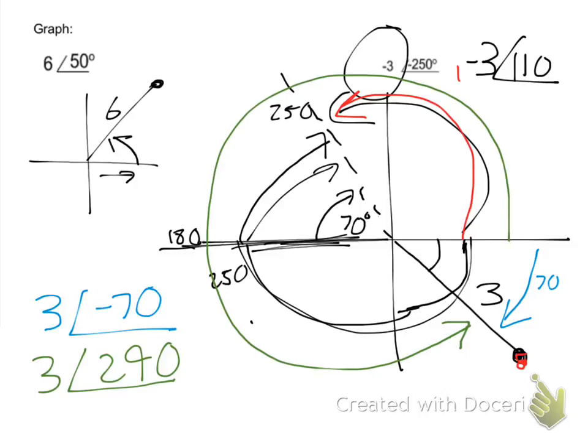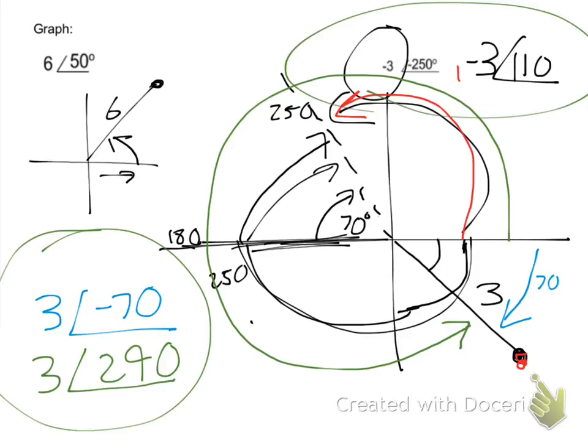If I traveled 290 degrees in a positive direction, I'd be facing that dot. And to get there, I just move a positive 3, 3 feet, 3 meters, to get to that dot. Guys, we just stated 4 different ways to get to the exact same dot without having to run past it.